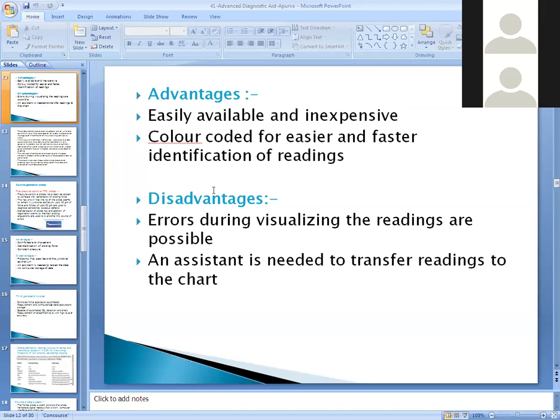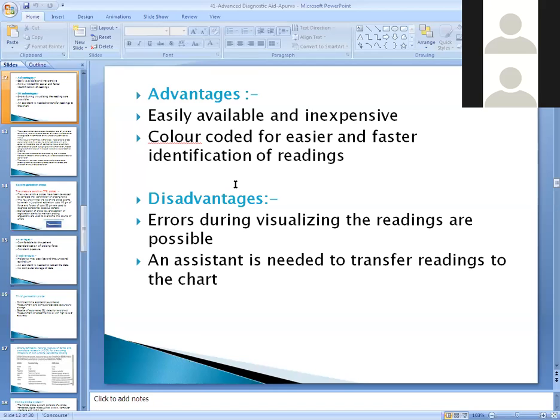Just keep this in mind: the problems associated with manual probe are that the diameter of the probe varies from one probe to another. Other than that, markings also vary from one probe to another, meaning one probe has Williams markings, another has WHO markings.